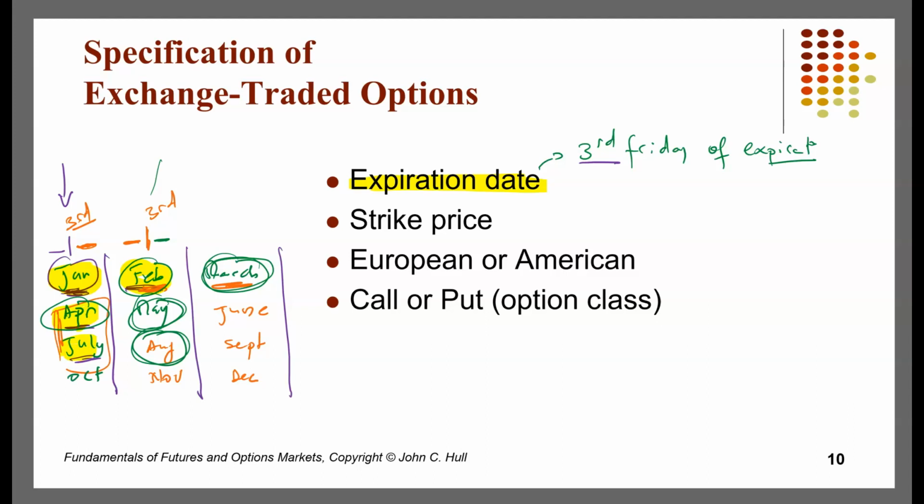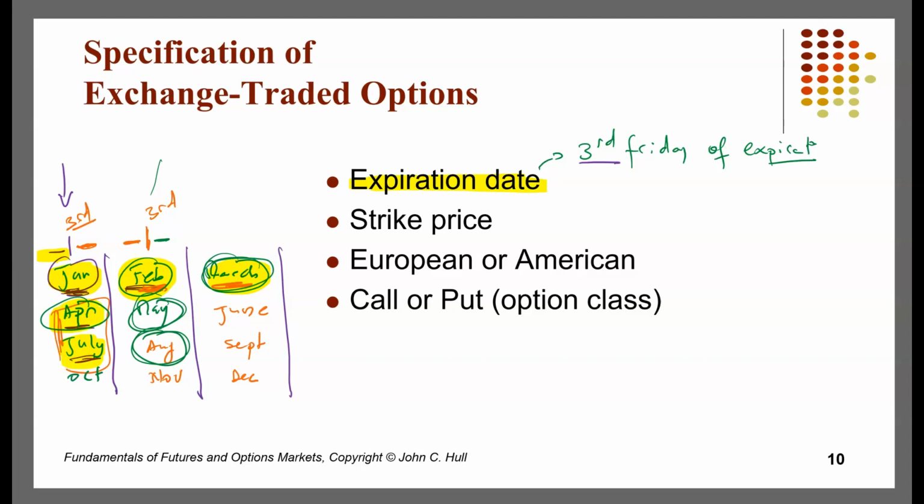If you start trading after the expiration date in that month, what we're going to have is the next month, the following month, and then the two months in the cycle. So it's going to be February, March, and then April and July.